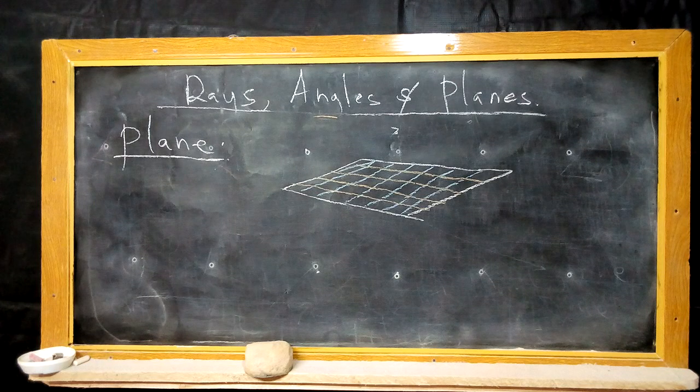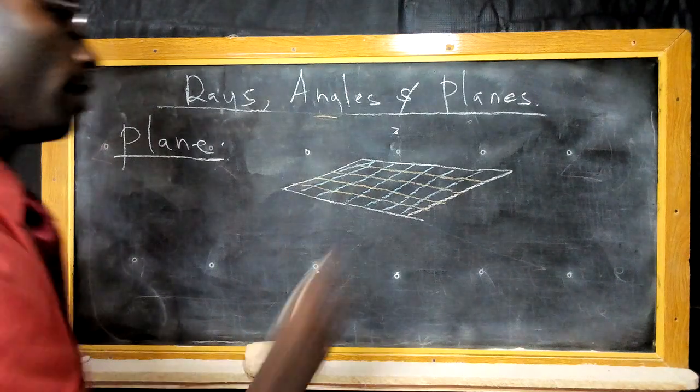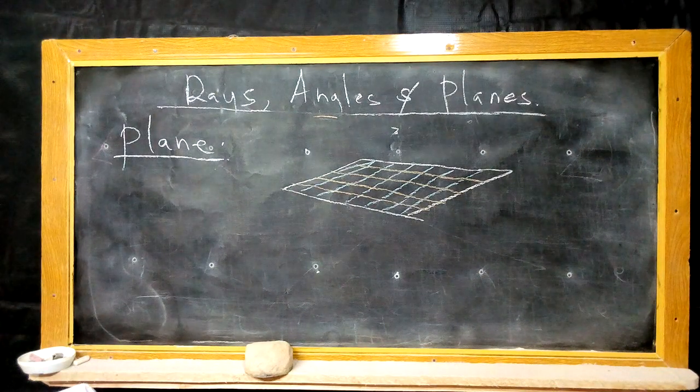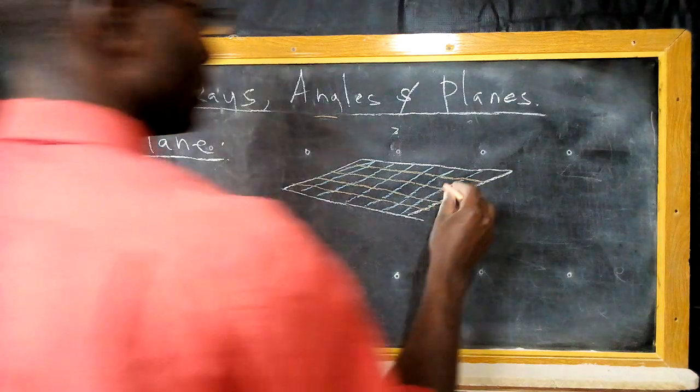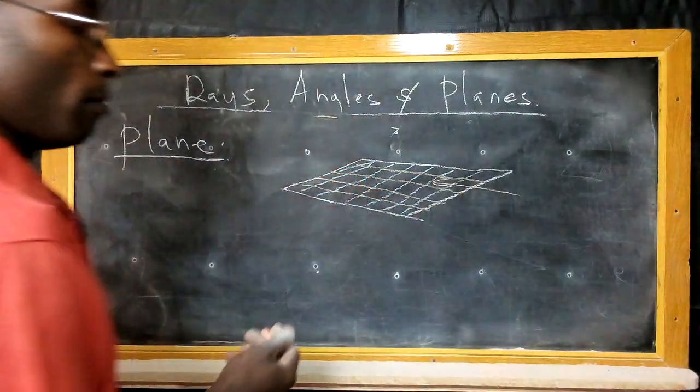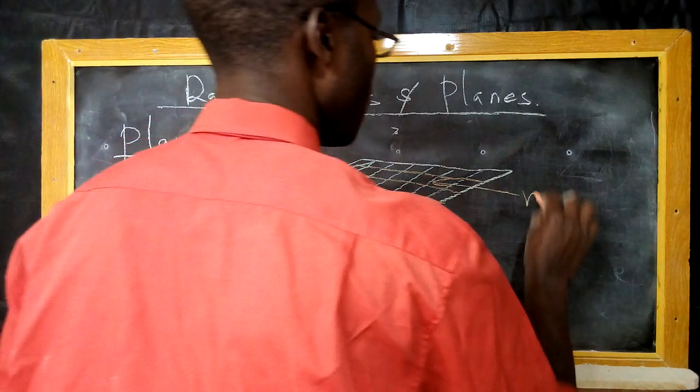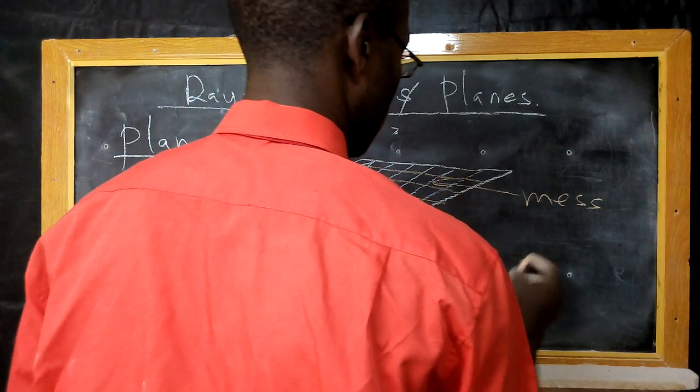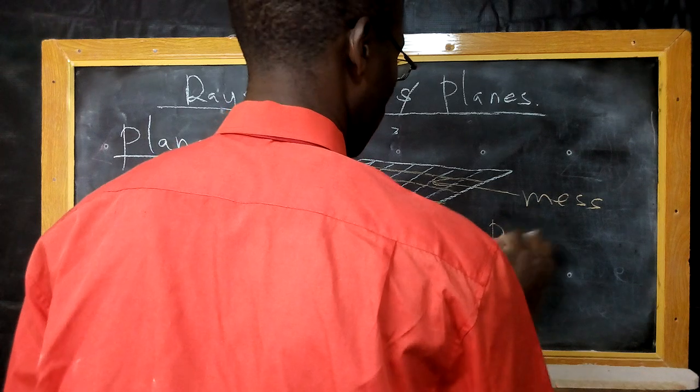So suppose this is a sheet of flat metal that is covering this area. Then the surface, or the region on that, is what we call a plane. This whole region is covered in what we call a plane.